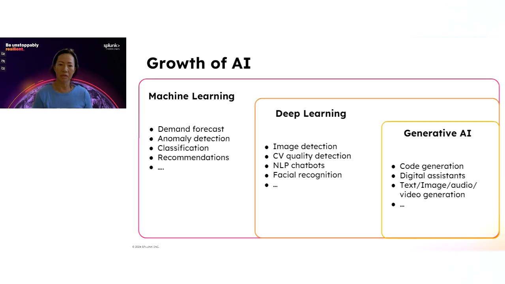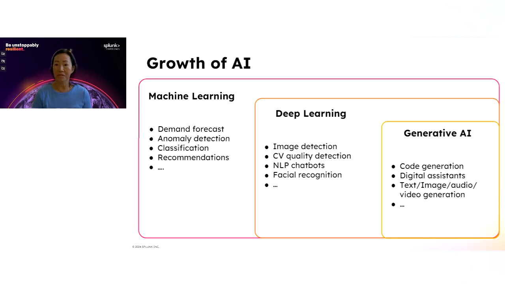With machine learning, deep learning and generative AI, which is more recent, each is good for different purposes. With all the hype that generative AI is getting today, you don't want to do everything with generative AI because it's compute intensive. Machine learning is really good for things like demand forecasting, anomaly detection, and standard classifications.